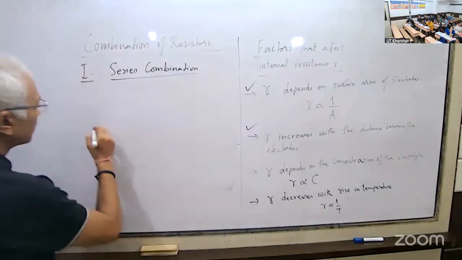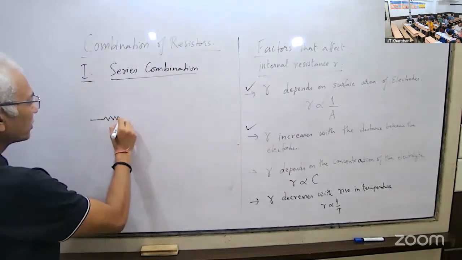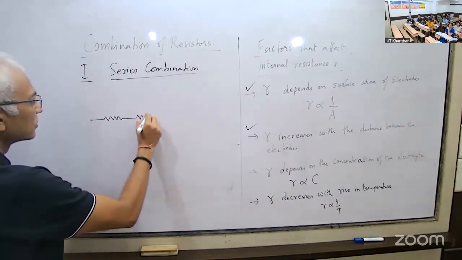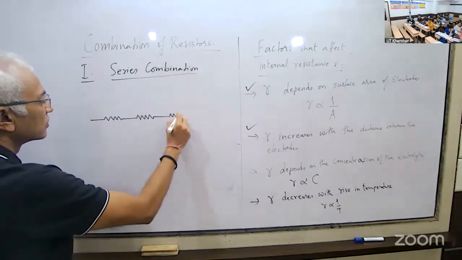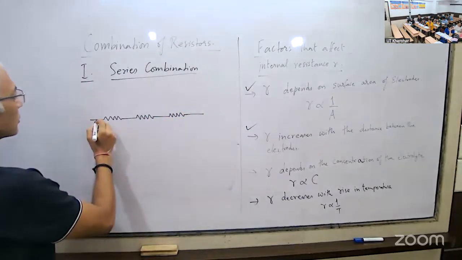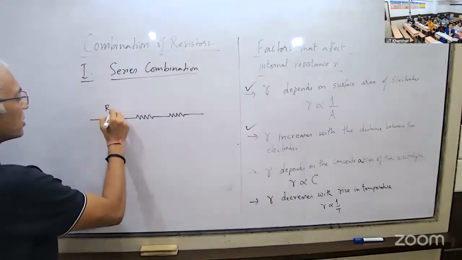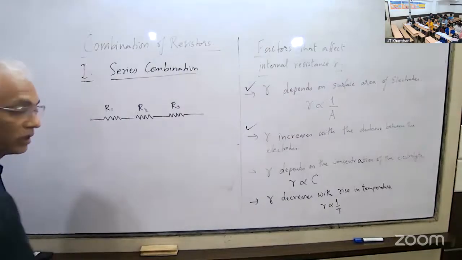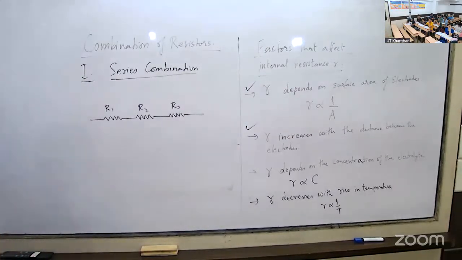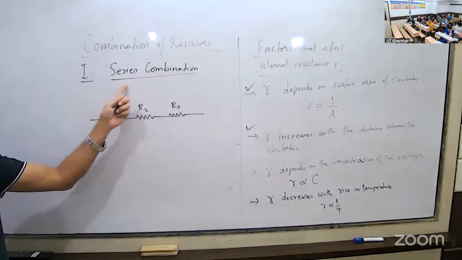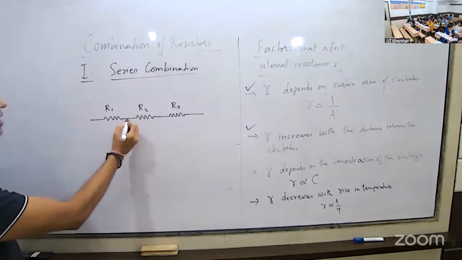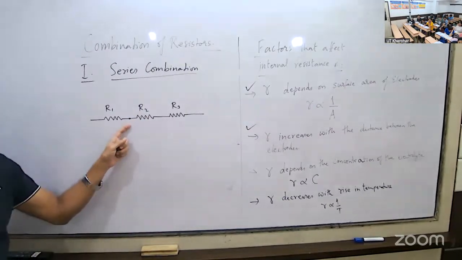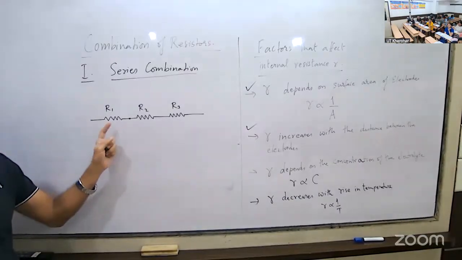So when we combine the resistances one after the other, like this, let us say R1, R2, R3. When they are combined like this, it is called series combination. Each terminal means the end of one device.